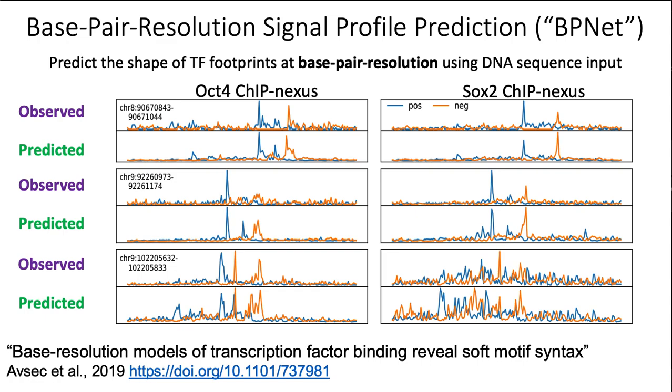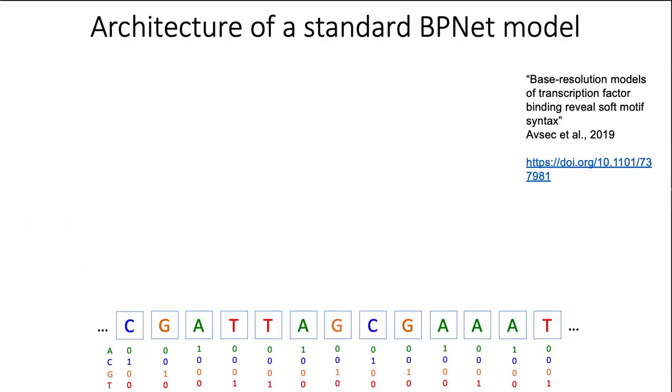These profile predictions are so good that they can surpass even the quality of predictions from experimental replicates. In the process, the model can learn many subtle features of the regulatory code that are missed when using standard binary or regression models.